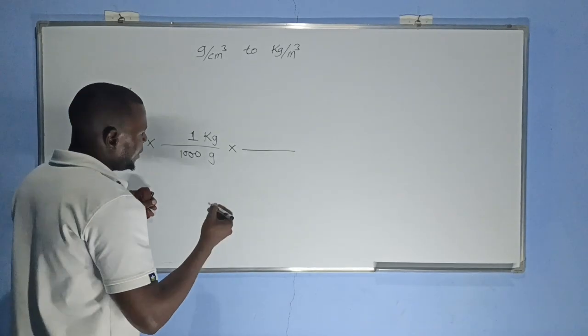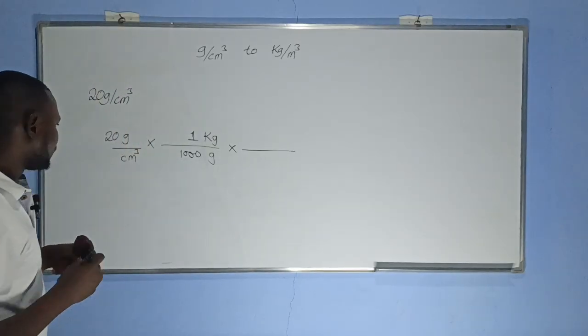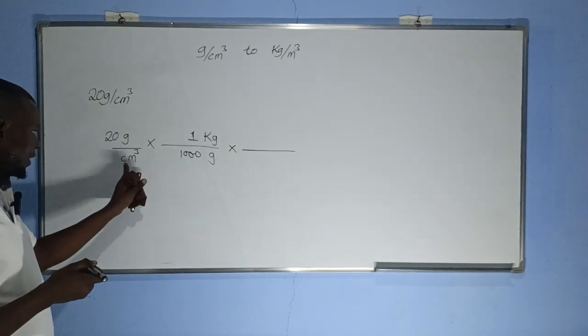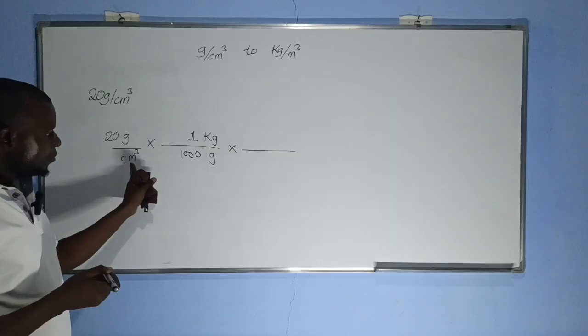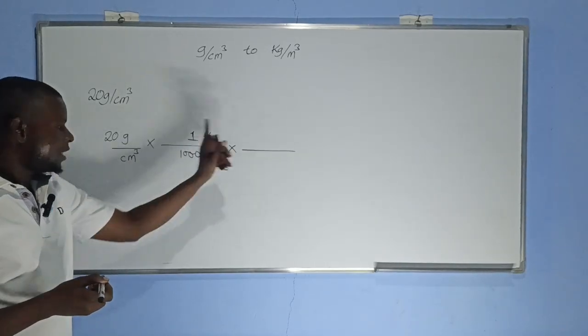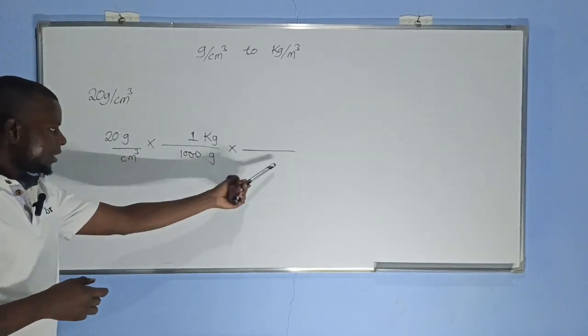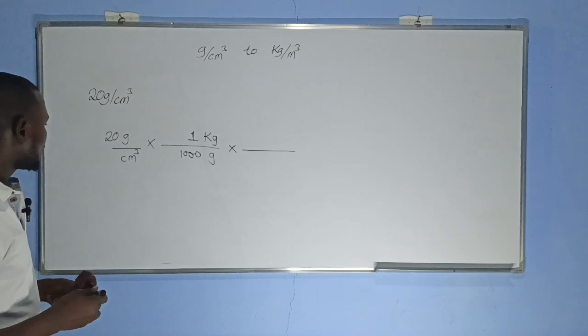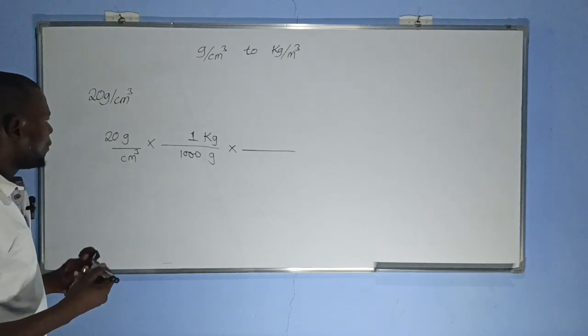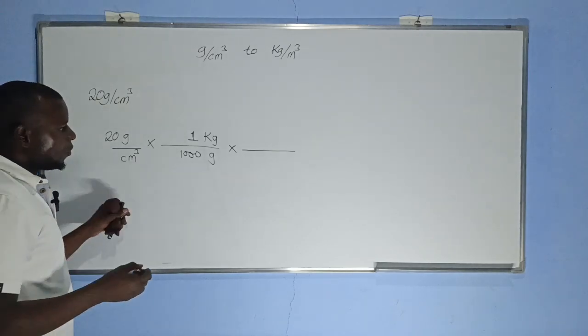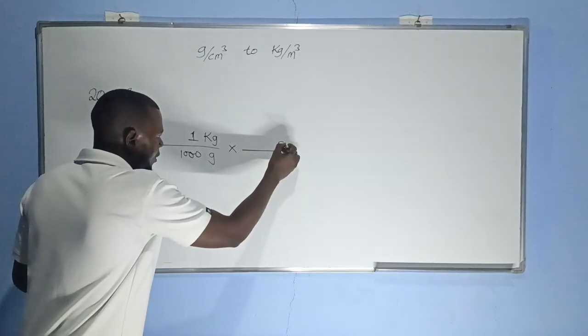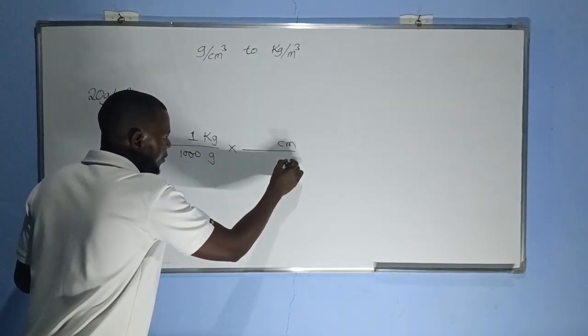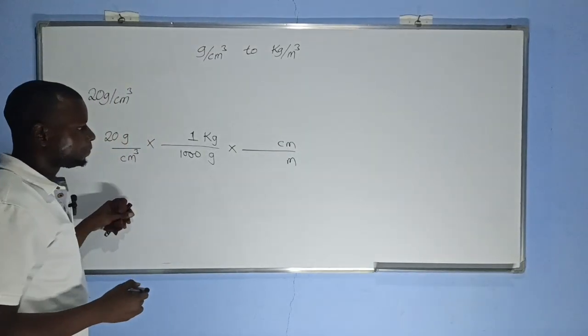You use direct meters to centimeters. Now, since we have cubic centimeters here, it needs to be on top on the other side so that it can cancel. Because if we put it down here, it obviously does not cancel because it will multiply, and that's not what we want. So we need the units of centimeters on top and the units of meters down here.